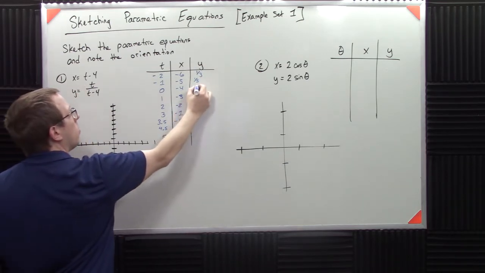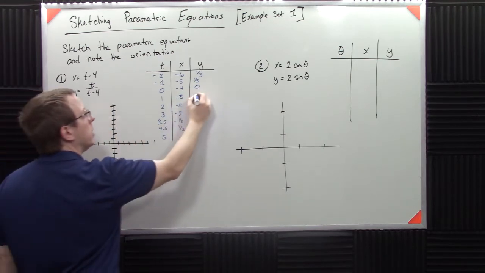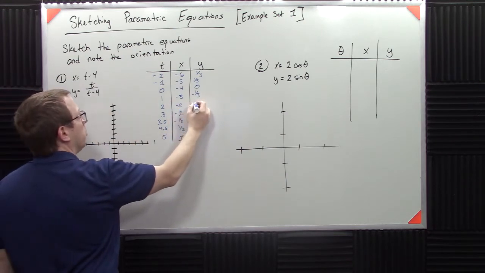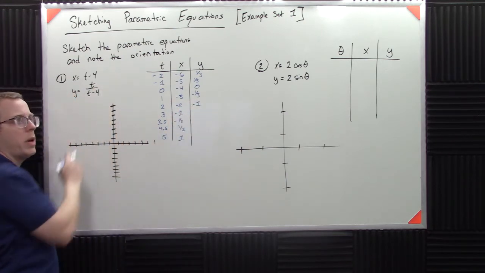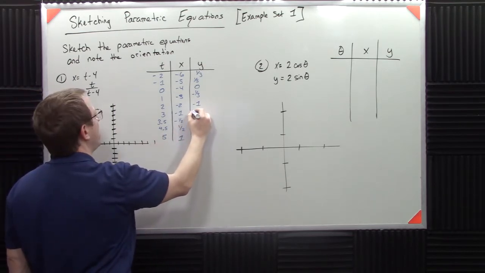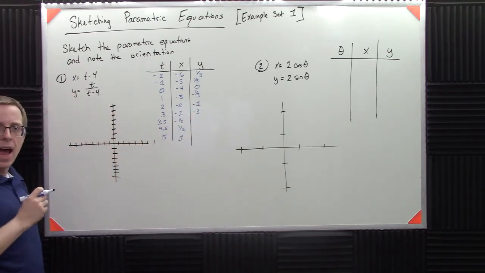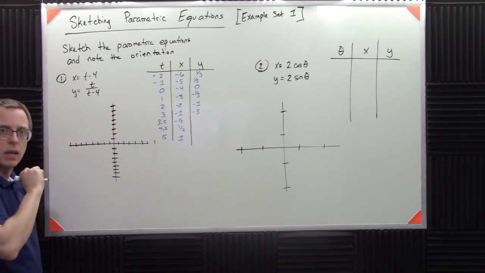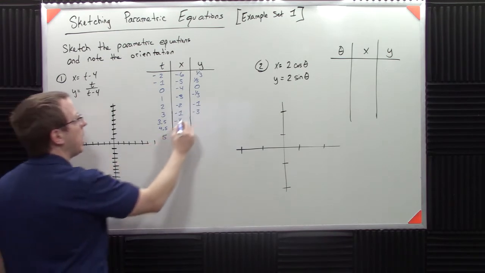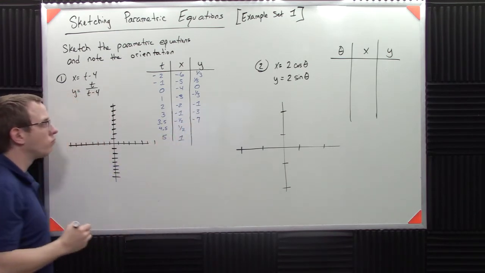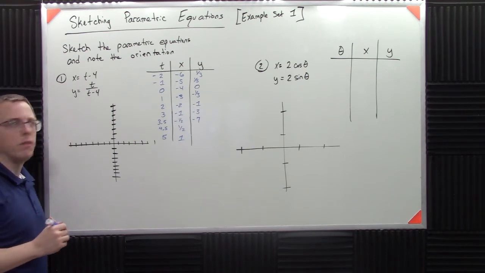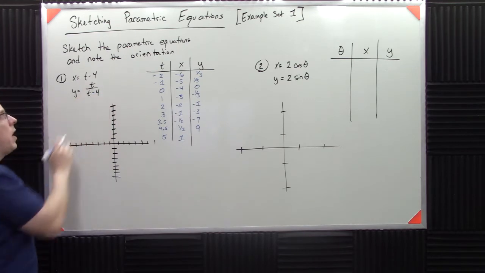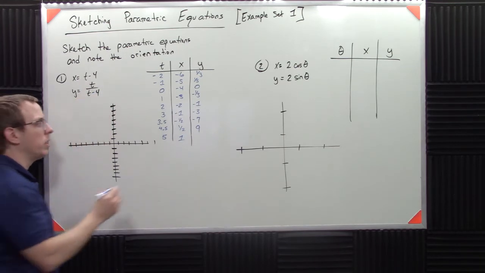This is going to be 0. 1 over that is -1/3. 2 is going to be -1. 3 is going to be -3. 3.5 divided by -0.5 is -7. Now 4.5 over 1/2 is 9. And 5 over 1 is 5.